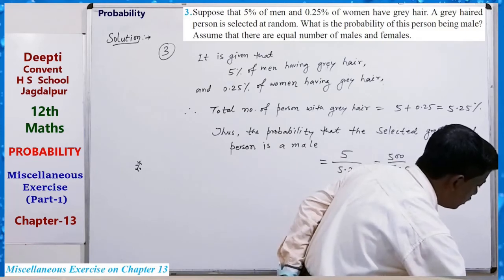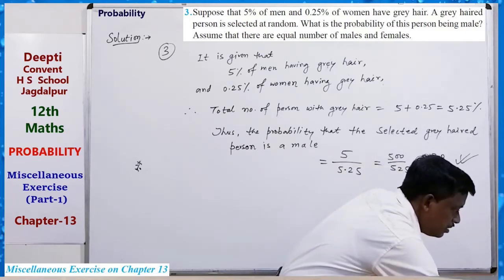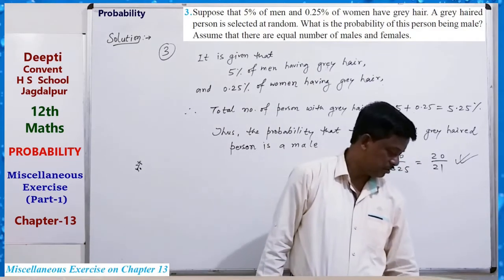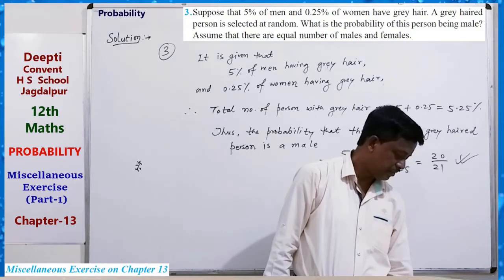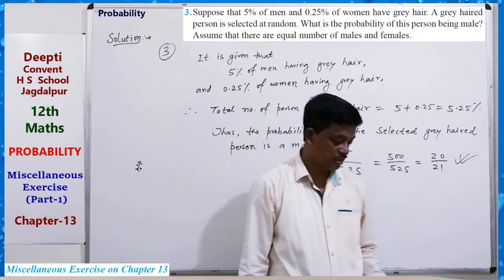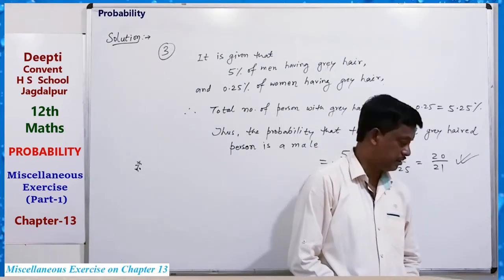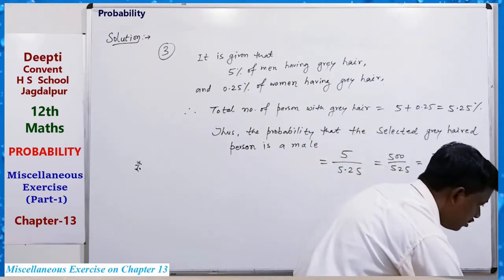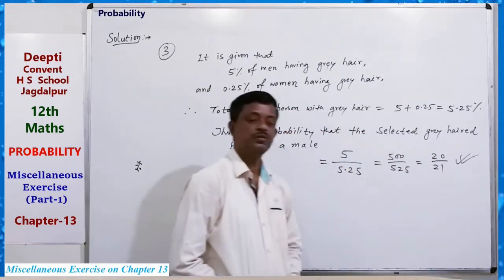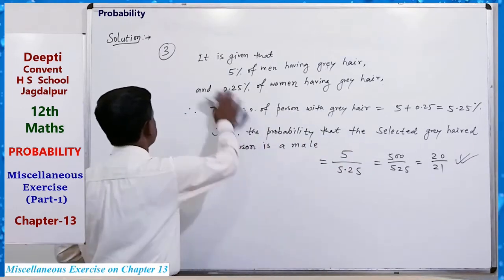Now just see question 8, because the remaining 4, 5, 6, 7 are questions related to binomial distribution, which is not in this level. So we solve question 8, which is not related to binomial distribution, mean and variance.